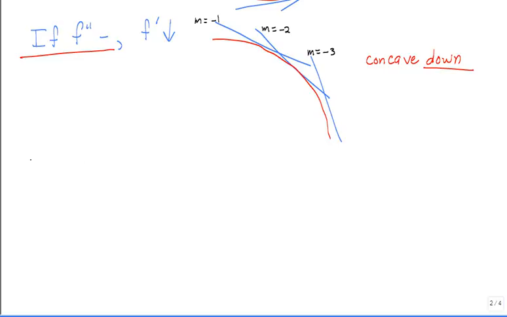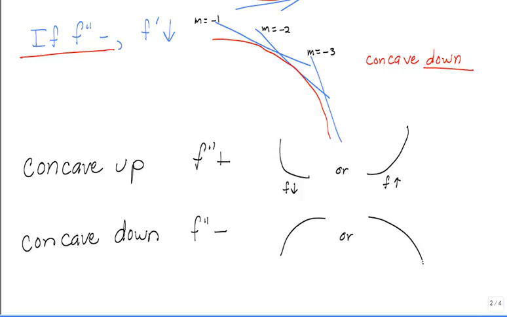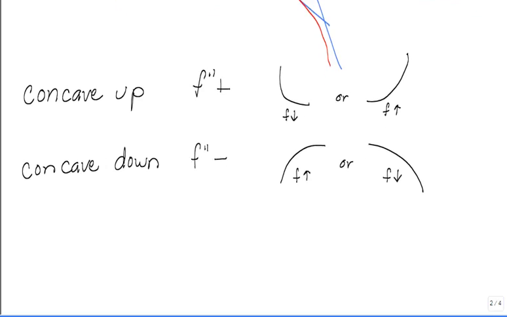Okay, so concave up is where f double prime is positive, and it could either be like this or like this, because here f decreases and here f increases. Or you could get something that's concave down. F double prime negative, this is where f is increasing and f is decreasing. So those are your four cases.